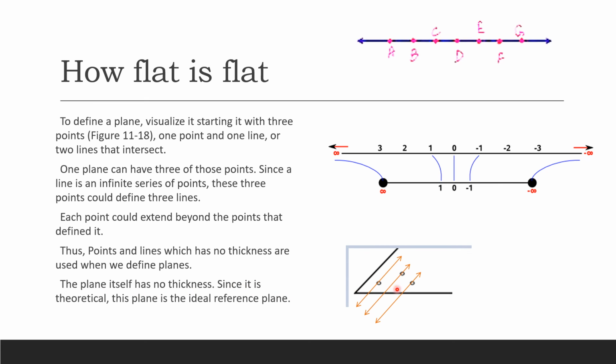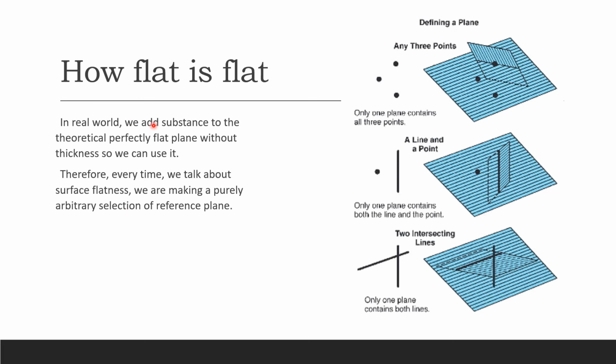So since it is theoretical, this plane is the ideal reference plane. Everything that is ideal, everything that is perfect, everything that is the best doesn't exist. Okay, it's only in your head that you can imagine. Okay, so how flat is flat? In the real world, we add substance to the theoretical perfectly flat plane. Okay, why? Because we want to see it in its physical state.